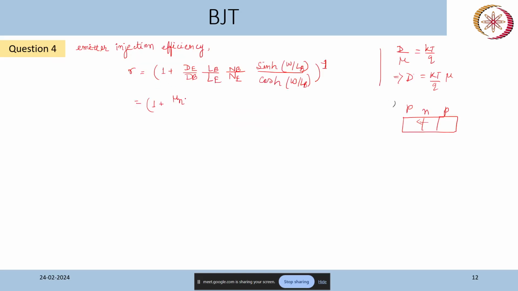This is mu n, of the p side. Let me write p plus side, so that is the emitter side, which is divided by mu b. So in the base side, holes are diffusing, so this will be the hole mobility of the n side, mu b.